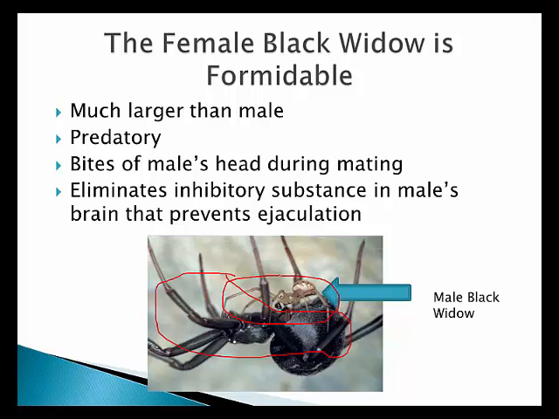It seems that there's an inhibitory substance in the brain of the male that prevents him from ejaculating. And that, of course, means that he can't release the sperm, and therefore fertilization can't take place. So the female just reaches down and nips off his head, which then removes the inhibitory substance and allows the sperm to be released so that her eggs can be fertilized.